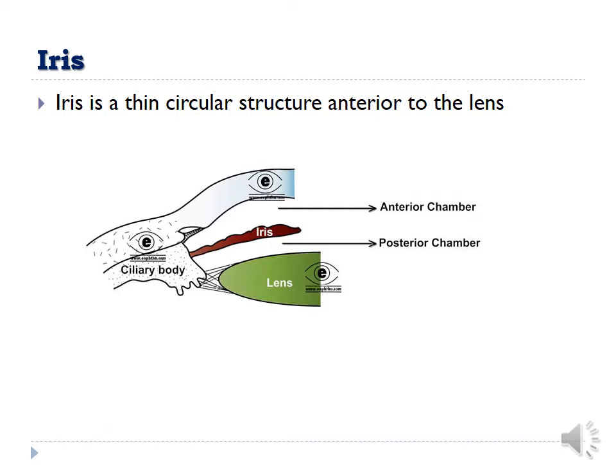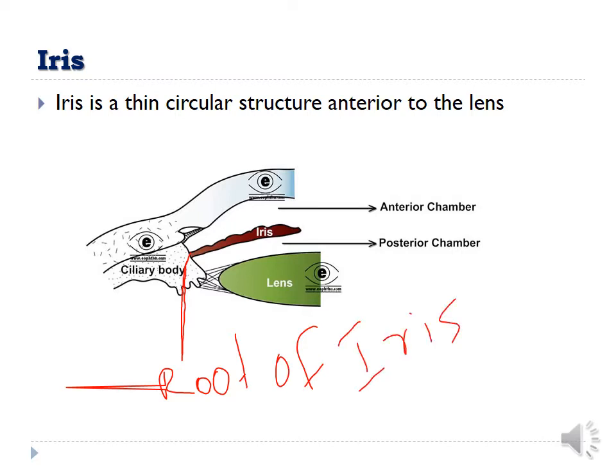Where the iris is connecting to the ciliary body, that part is known as root of iris. So root of iris is the point where the iris is connected to the ciliary body.